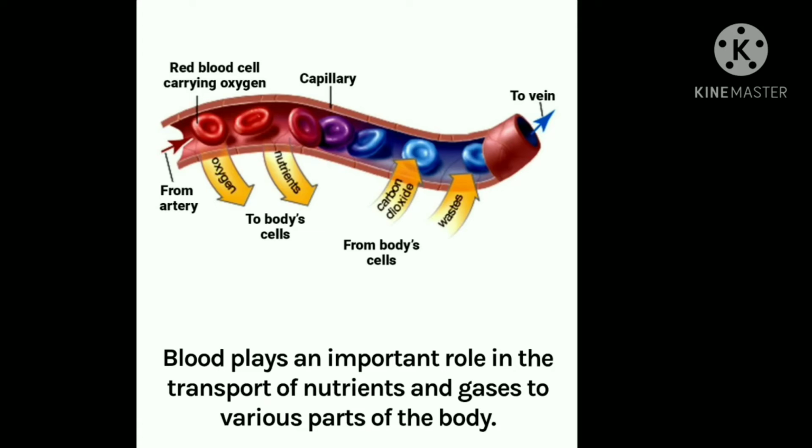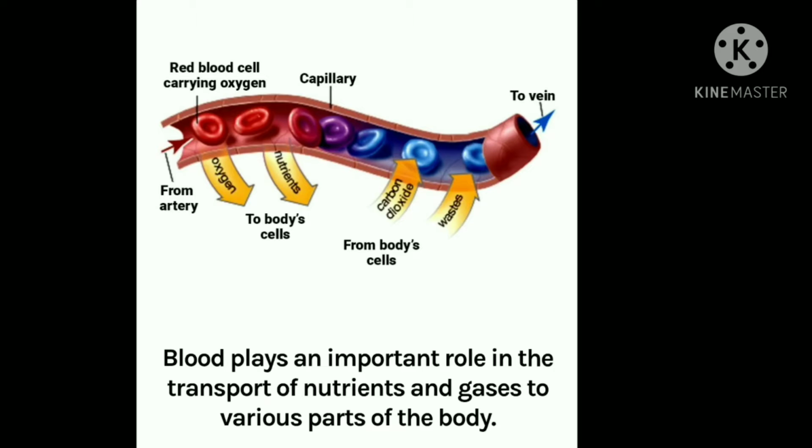The blood plays an important role in the transport of nutrients and gases to various parts of the body. In respiration, in the lungs the oxygen is taken by the red blood cells, which carry the oxygen important for cellular respiration, which gives us energy.